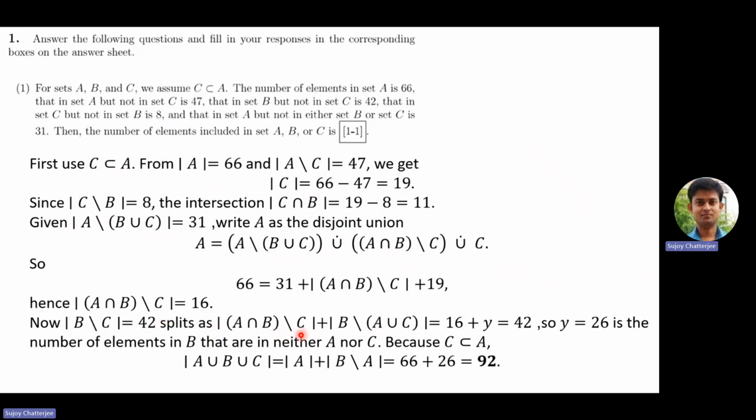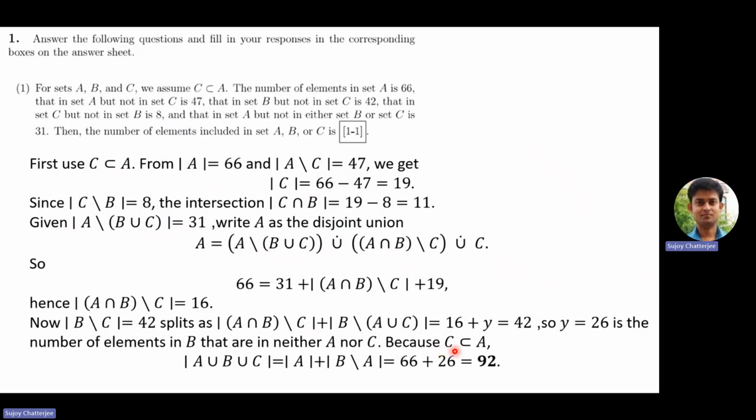So now we have the value for A intersection B not present in C, which is 16, and we consider B not present in A union C as Y. We just assume it. So from that Y is 26. So 26 is the number of elements in B that are neither in A nor C.